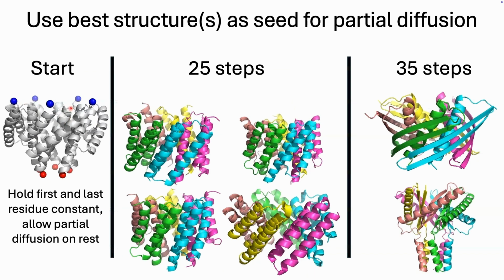I told it to hold the N and C termini constant, and then partially diffuse the middle. If you do the 10 time step partial diffusion that was built into the program, what you see is that it really acts kind of like a backbone rub. You might have some local rearrangements. It might make the secondary structure look a bit nicer, but it doesn't drastically change your outputs.